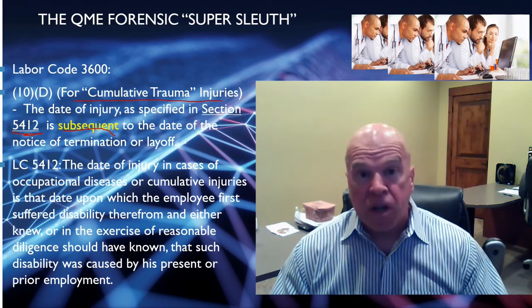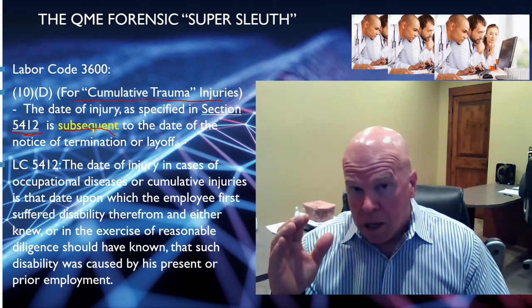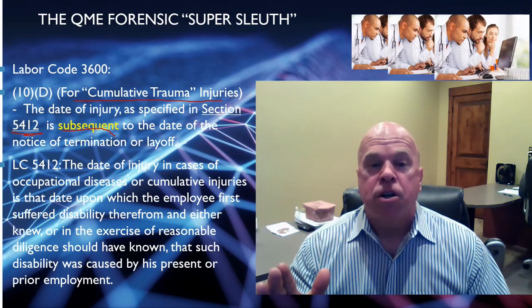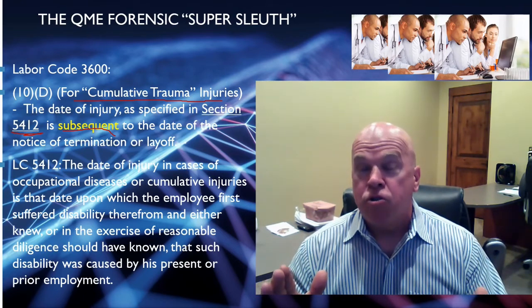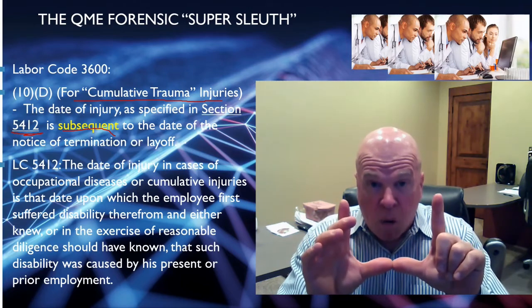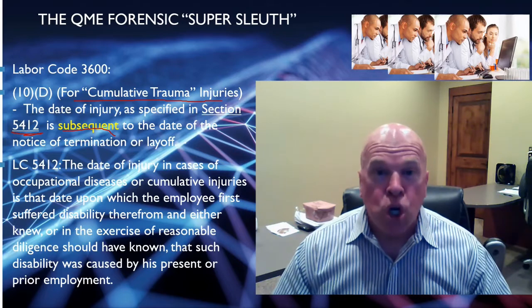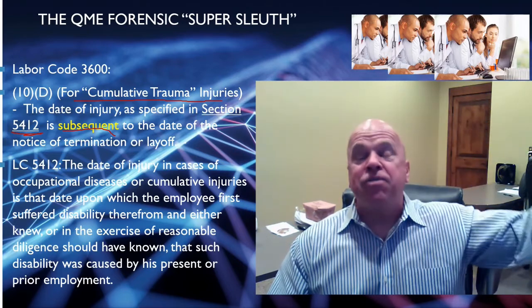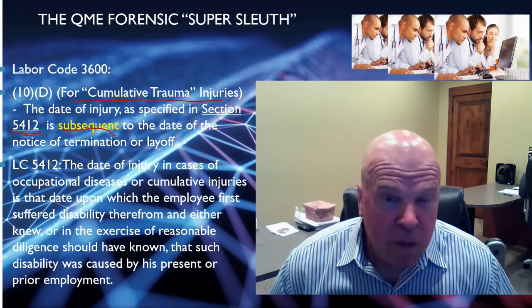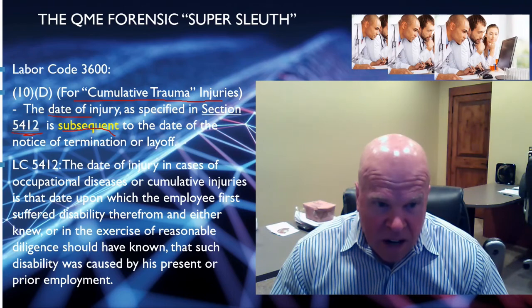So for specific injury claims, the date of injury had to be after the notice of termination or layoff, but prior to the termination or layoff, within that narrow window. But this narrow window is going to be now removed and the ceiling lifted under the cumulative trauma injury claim, and it has to do with the date of injury.